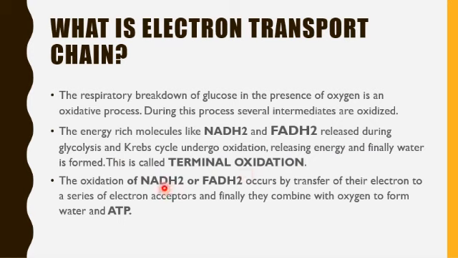The oxidation of NADH2 or FADH2 occurs by transfer of their electrons to a series of electron acceptors, and finally they combine with oxygen to form water and ATP, that is the energy.